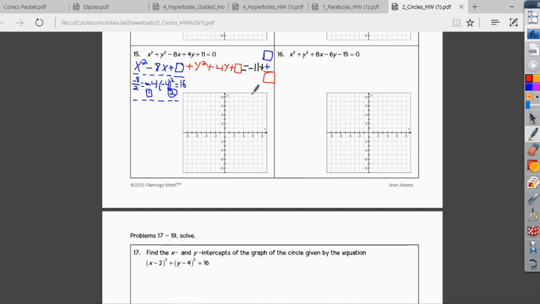For our y squared plus 4y, we have 4 divided by 2 is equal to 2. That's step 1. And then 2 squared is equal to 4. That's step 2. So we add step 2.